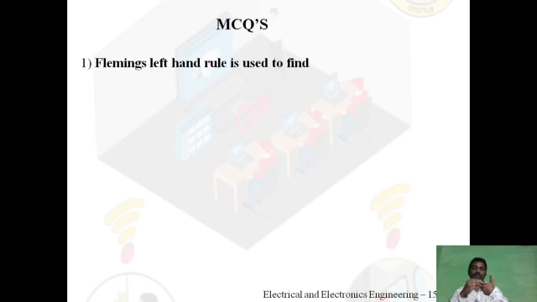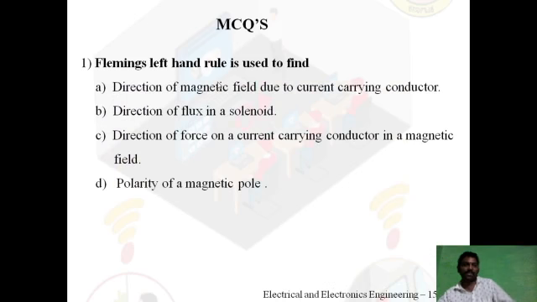The forefinger points in the direction of magnetic field, and the middle finger gives the direction of flow of current, then the thumb will give you the direction of motion of conductor, the direction of rotation of conductor. That means the Fleming's left hand rule, which is applied for DC motors, is used to find the direction of motion of conductor.